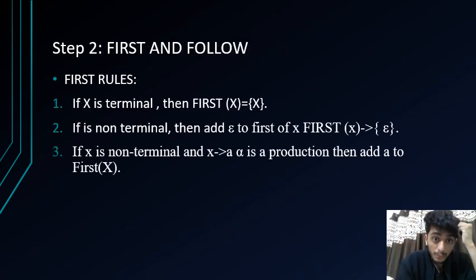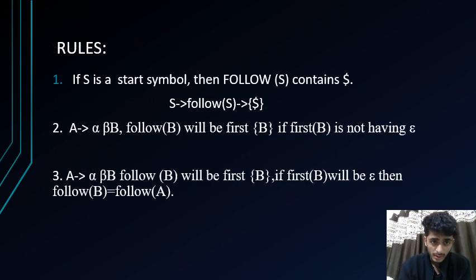The next thing is first and follow. First rule: if x is a terminal, then first of x is x. If x is a non-terminal and x tends to epsilon, then add epsilon to first of x. If x is a non-terminal and x tends to a alpha is a production, then add a to first of x. So I guess you understood what first and follow are. Now the follow rules.